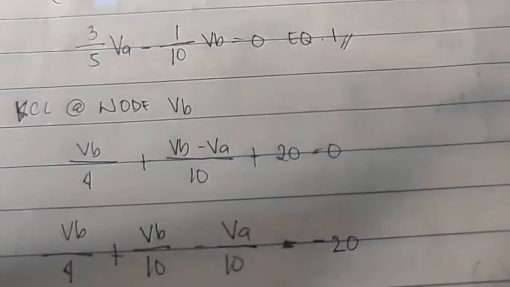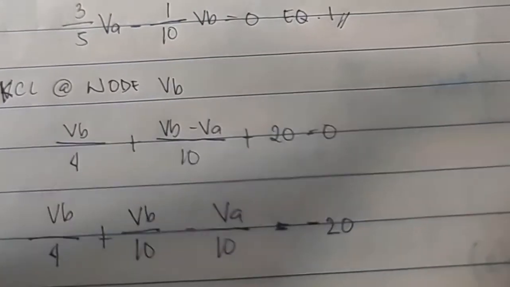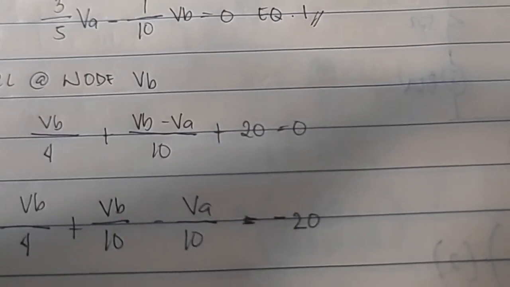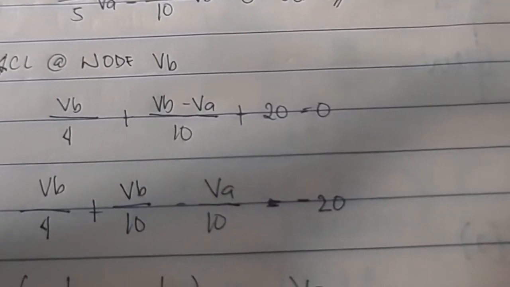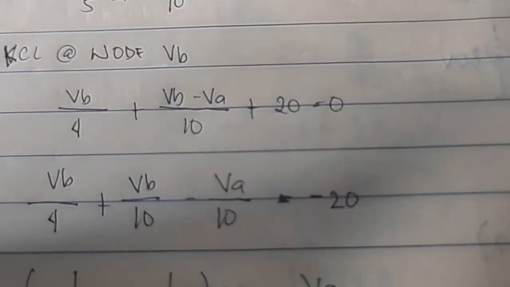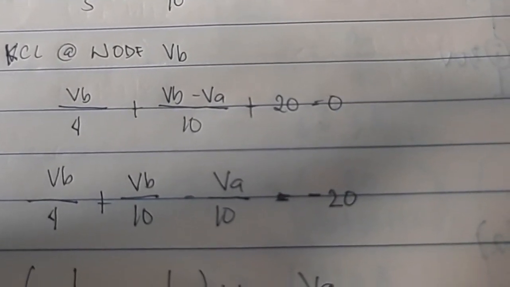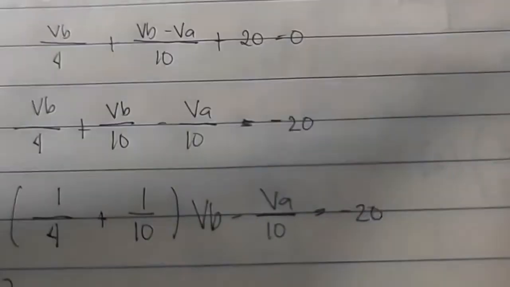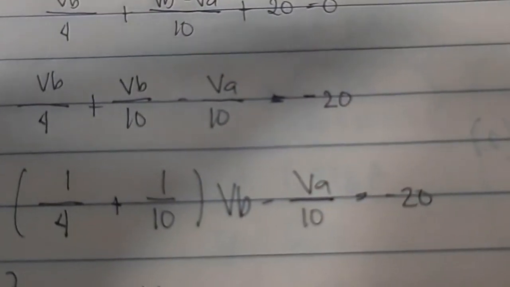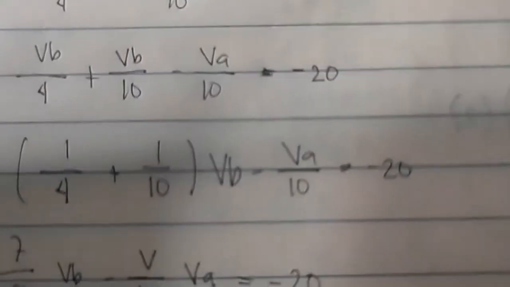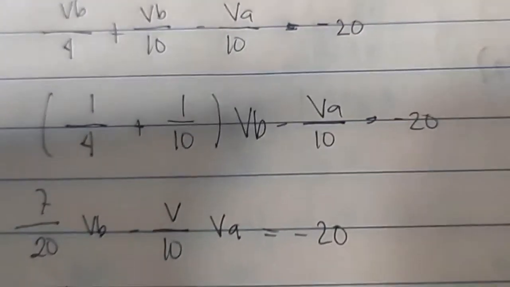Applying the same process by Ohm's law, KCL at node B. So VB over 4 plus VB minus VA over 10 plus 20 is equal to 0. The same process, combining like terms, VB over 4 plus VB over 10 minus VA over 10 is equal to negative 20.